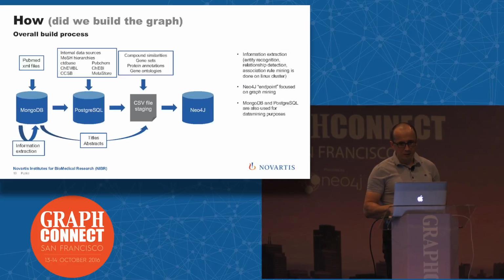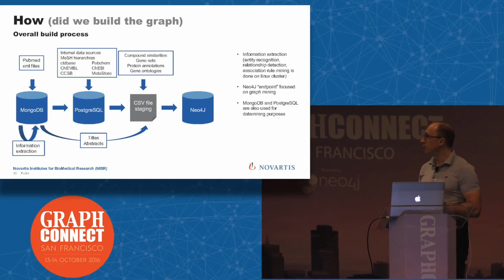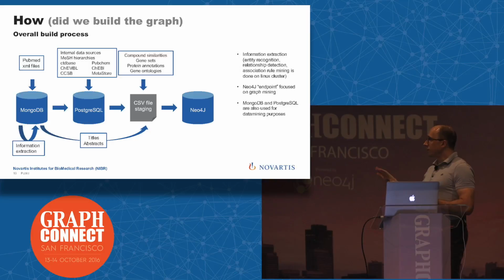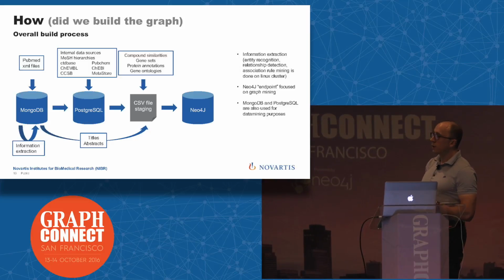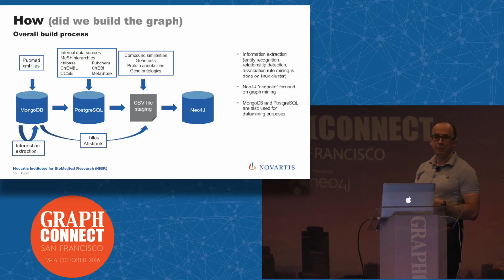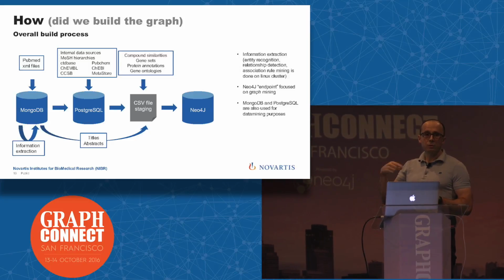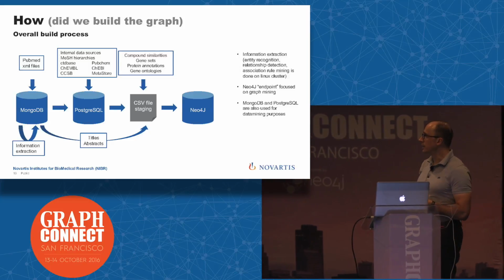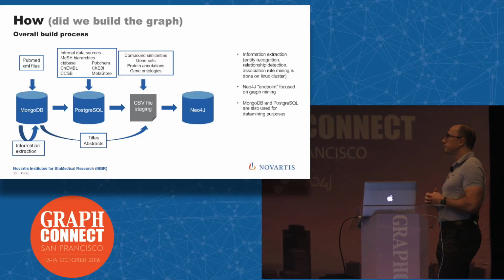And just a little bit about the technical side, how we're doing this. We have this infrastructure in place where the PubMed articles, the abstracts, first go into the Mongo database. And that is really what is driving the text analysis.